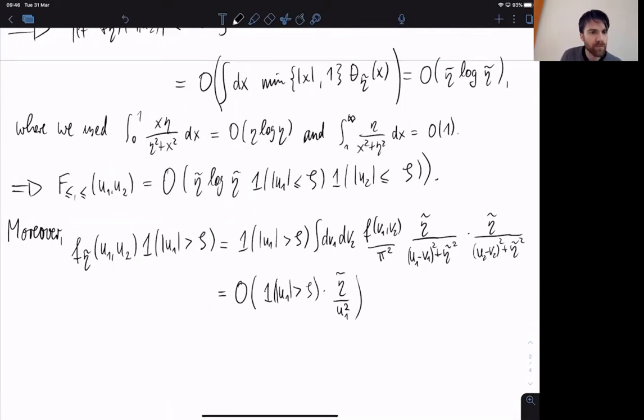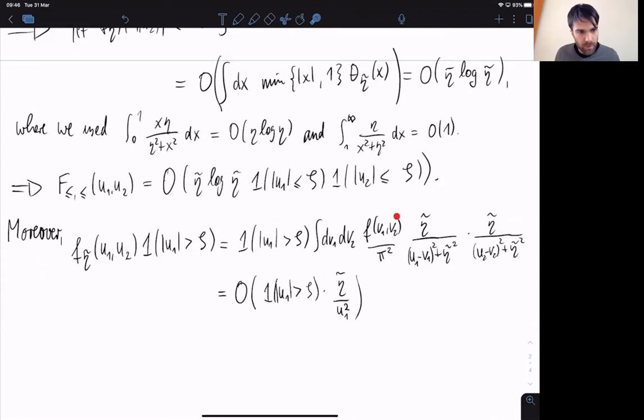Well, what we can always do is integrate out the v2 and use that the f is bounded and has compact support. So if we integrate out this v2, then okay, let's do it as follows.